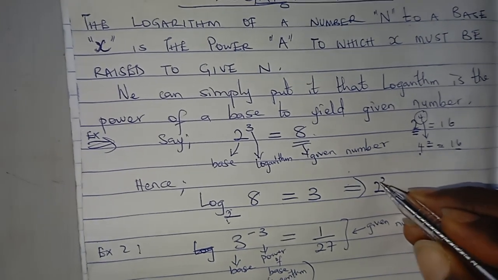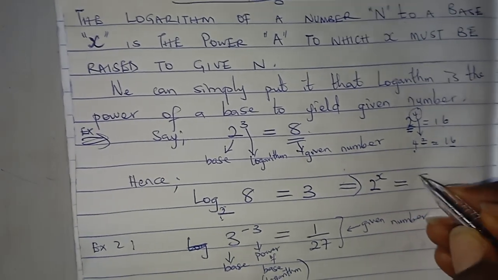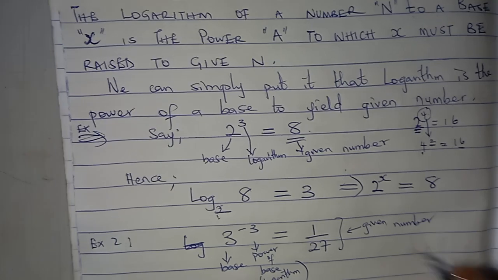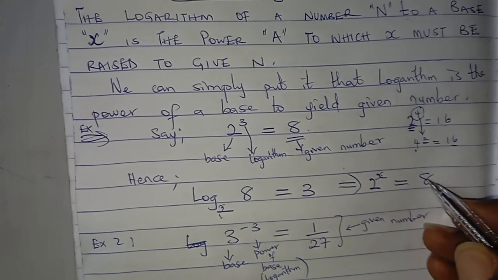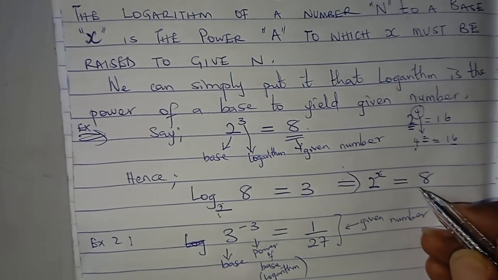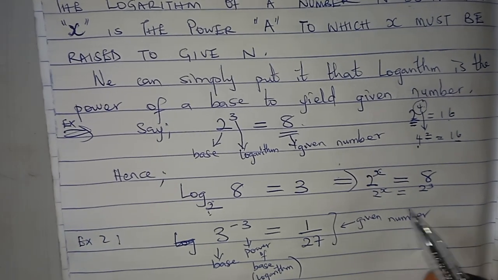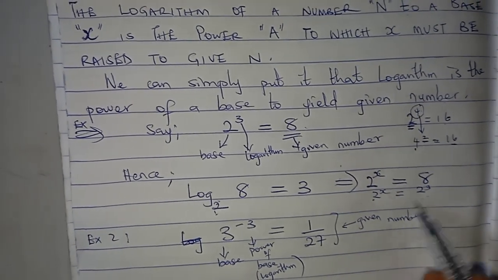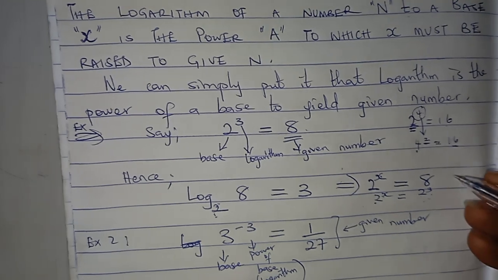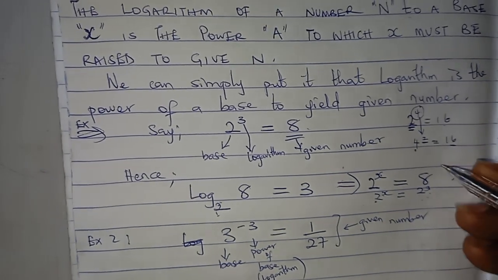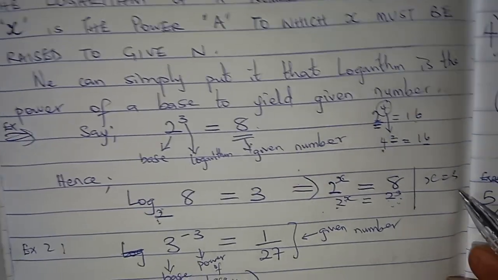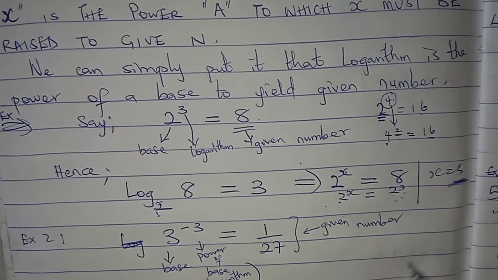When you don't know it, you simply call it x. How do you make 8 have x? This is going to be 2 raised to power 3, 2 raised to power x. And you remember indices, bases are the same, base law. So x is equal to 3, which means that the logarithm is 3.